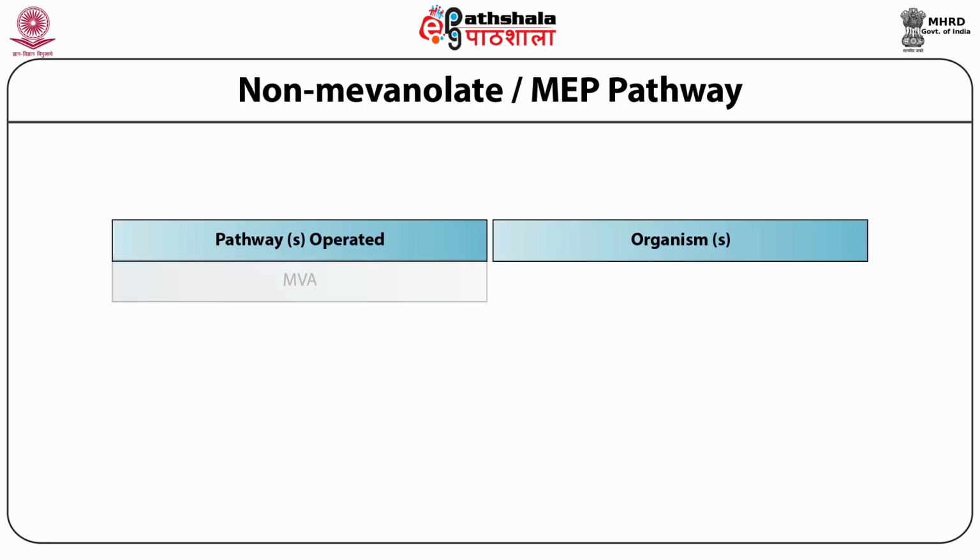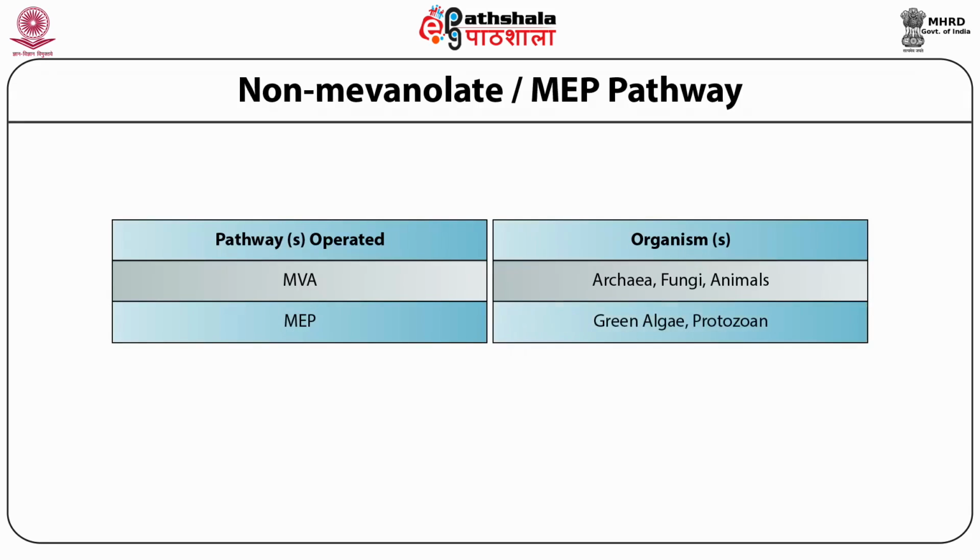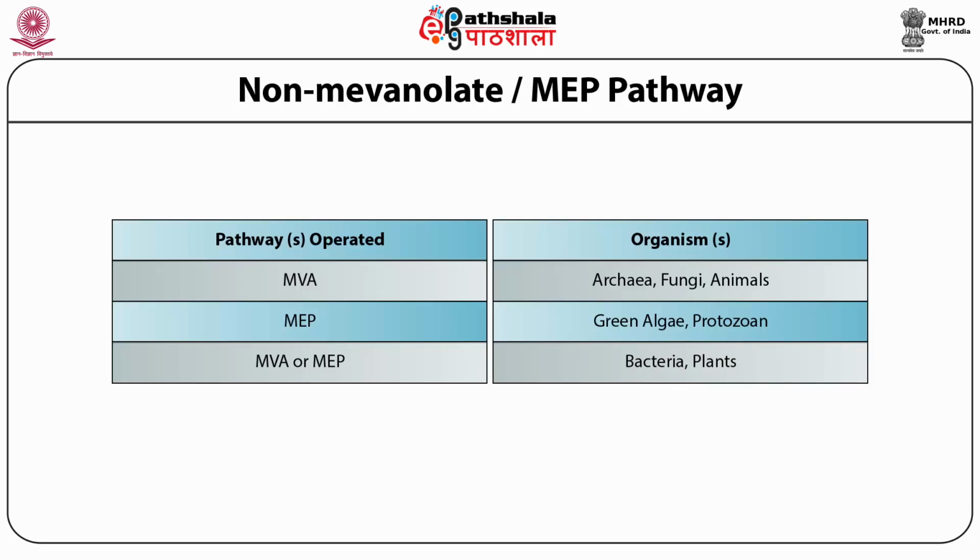The mevalonate pathway is present in archaea, fungi, as well as in animals. The MEP pathway is present in green algae and protozoans. However, both pathways have been seen to operate in bacteria as well as in plants.